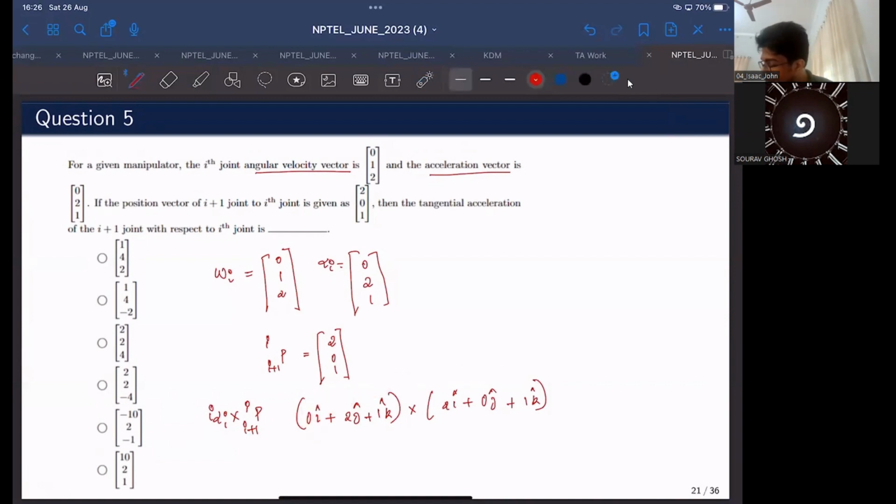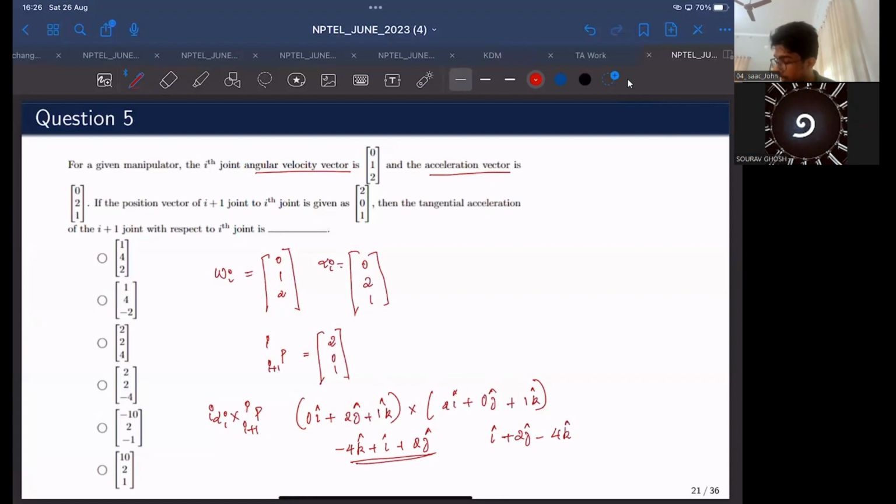So taking the second term, 2j cross 2i would be minus 4k, and 2j cross 1k would be plus 1i, plus k cross i would be 2j, k cross j is 0, k cross k is also 0. So this would be the final cross product. This is i plus 2j minus 4k.